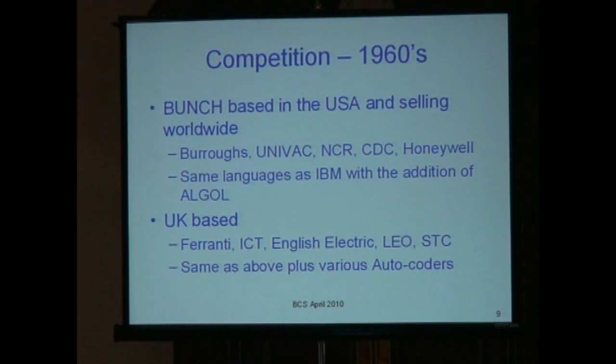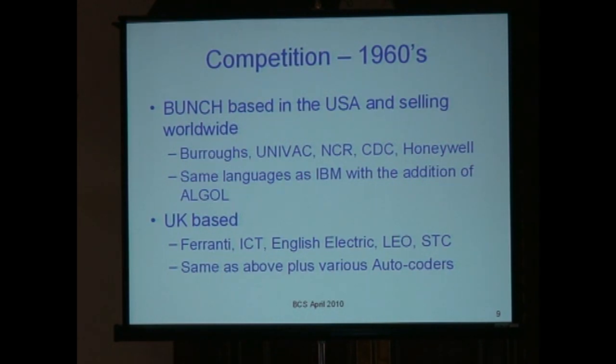So the 60s, and you can all tell me about this as well. I programmed my first computer in Oxford in 1963, which was a Mercury. So I can remember back to about that time. And of course, in America there was the BUNCH.